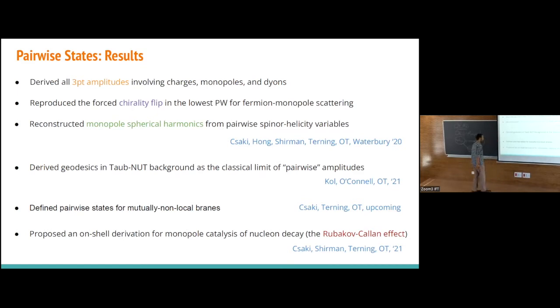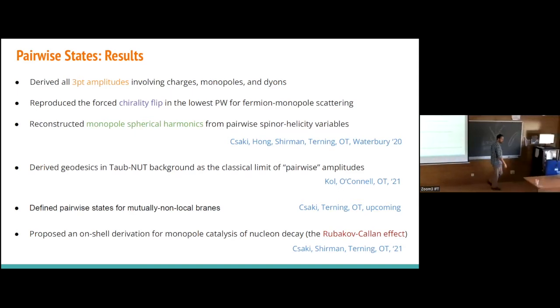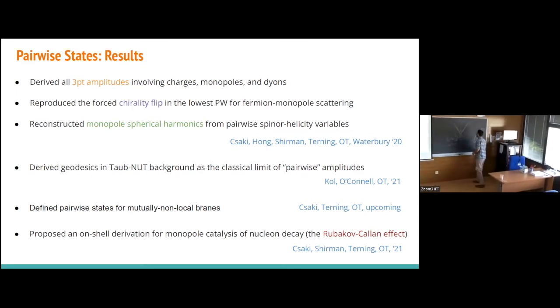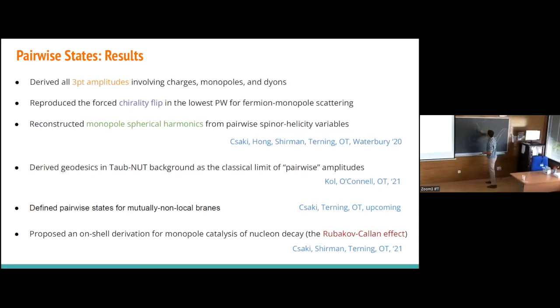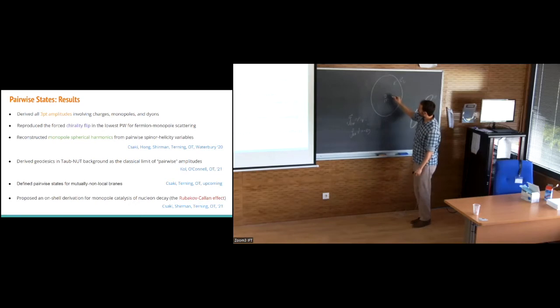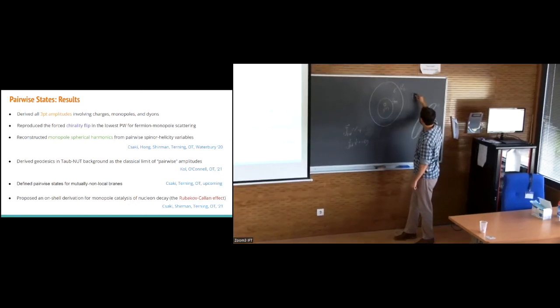This is the surprising fact that if I have a monopole here and I have an S-wave left-handed fermion coming in, what comes out has to be a right-handed fermion 100% of the time in the S-wave.